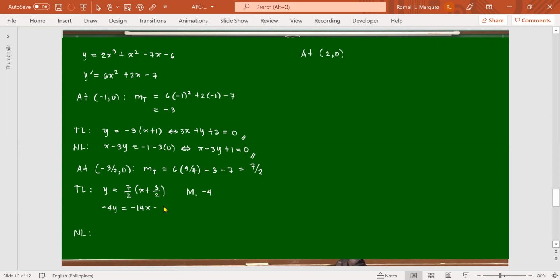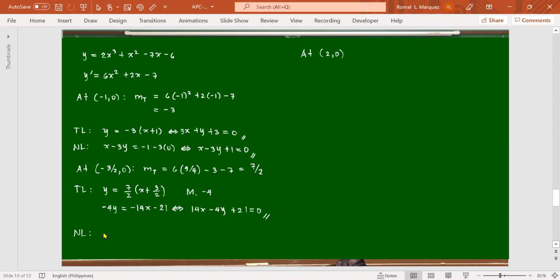What's the answer, guys? 21? Is it 21? Negative. So, getting 14x plus negative 4y, and then plus 21. Any question with this?